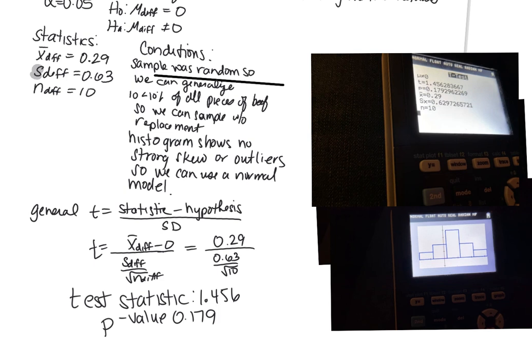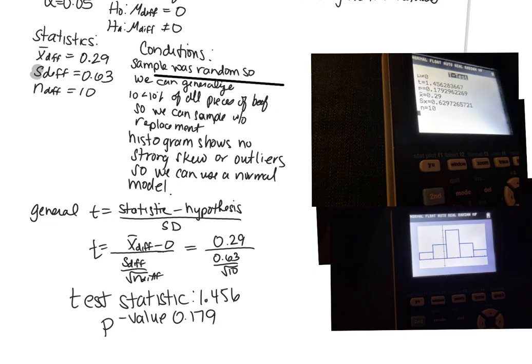Now, if you're doing this by hand and you do 0.29 divided by 0.63 divided by the square root of 10, I need to put this standard deviation in parentheses. So I'm going to show you that in a picture in a minute.